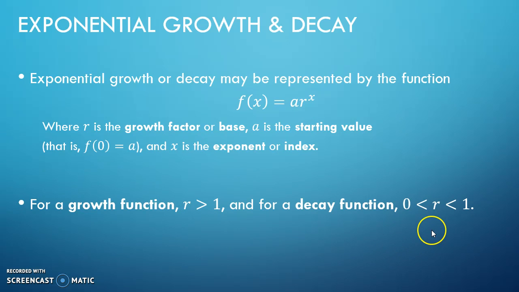If r is between 0 and 1, we have exponential decay. It's really important that you know this form and what a, r, and x represent, and also what scenarios give a growth function or a decay function, so what values of r.